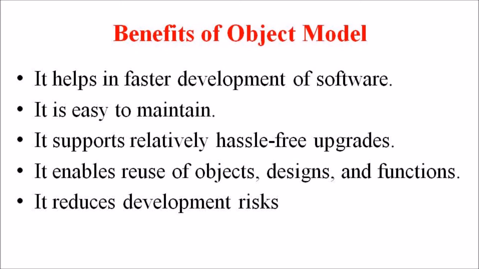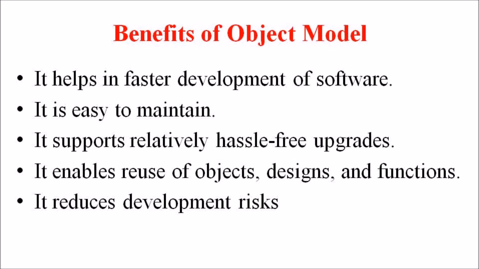Suppose a module develops an error, then a programmer can fix that particular module while the other parts of the software are still up and running. Thirdly, it supports relatively hassle-free upgrades or updates. Fourthly, it enables reuse of objects, designs, and functions. Another important advantage is that it reduces development risk, particularly in the integration of complex systems.